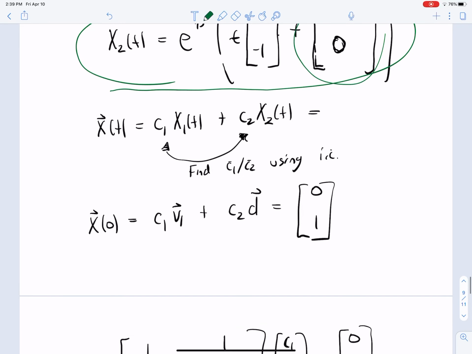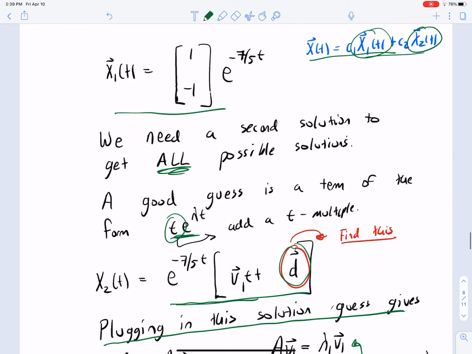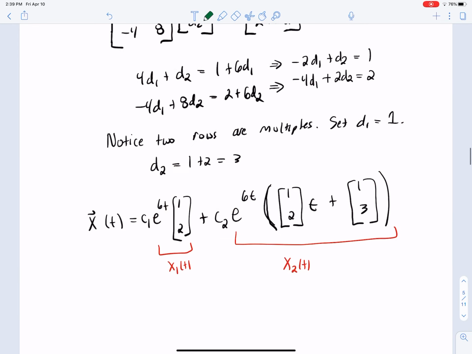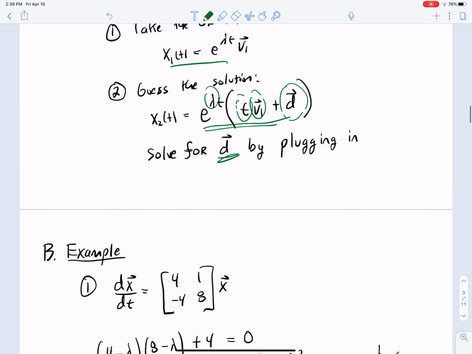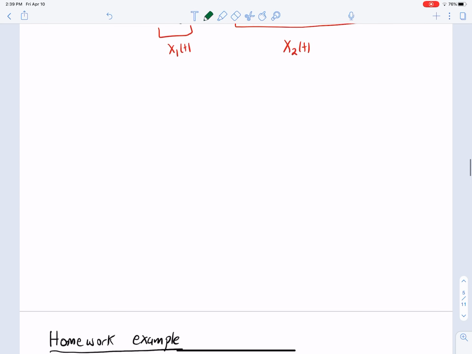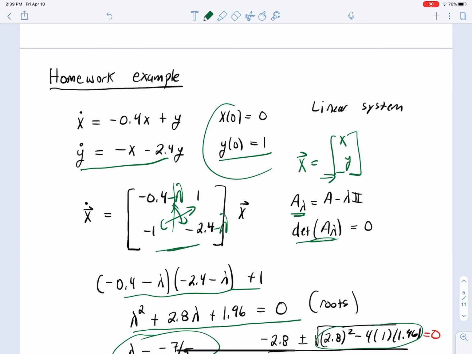All right, so here's our general solution. It's the combination of the repeated root solution and then the original solution. And because we're given initial conditions way back at the top, hopefully I'm not making you dizzy here, we were told x0 is 0, y0 is 1.